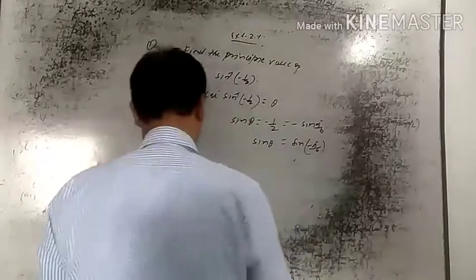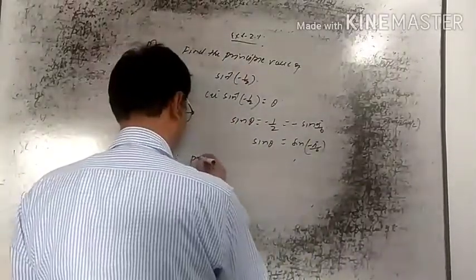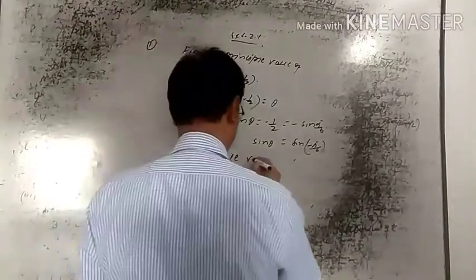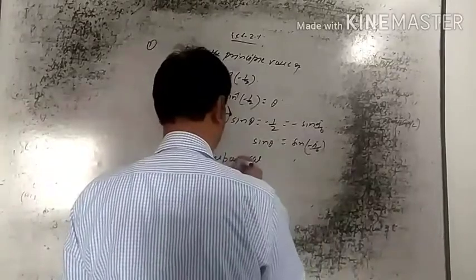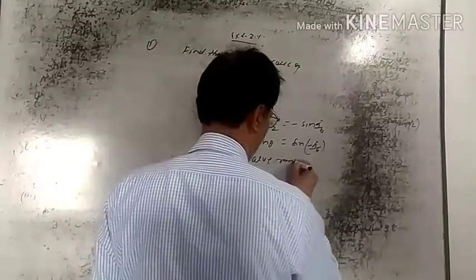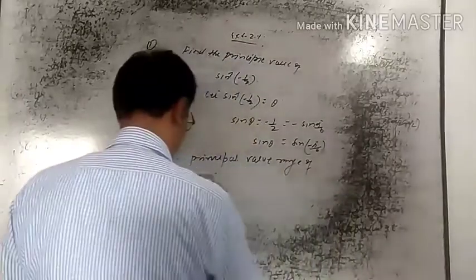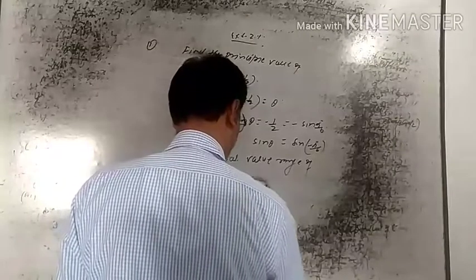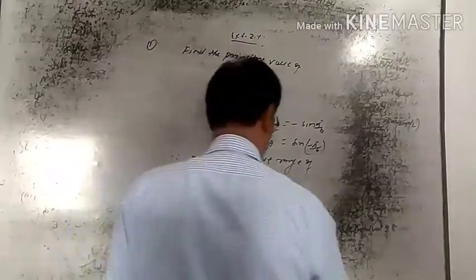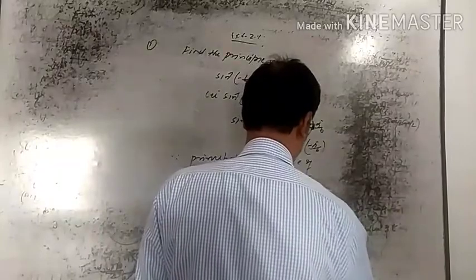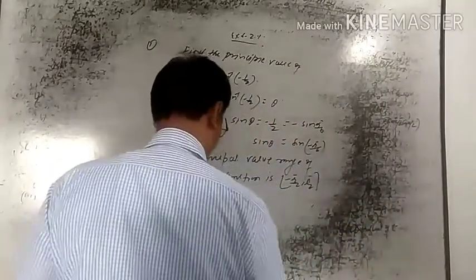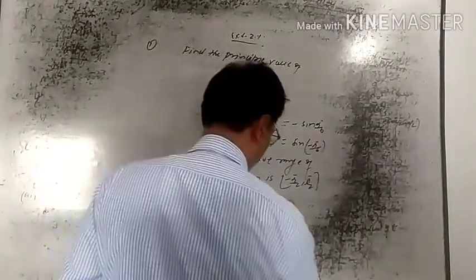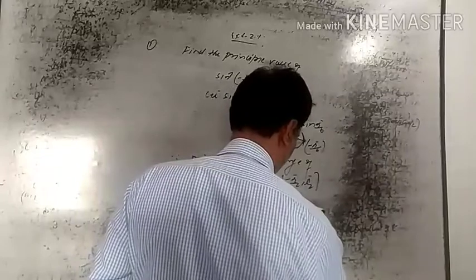Since the principal value range of the sin inverse function is the closed interval minus pi by 2 to pi by 2, therefore theta is equal to minus pi by 6, which belongs to the closed interval minus pi by 2 to pi by 2.